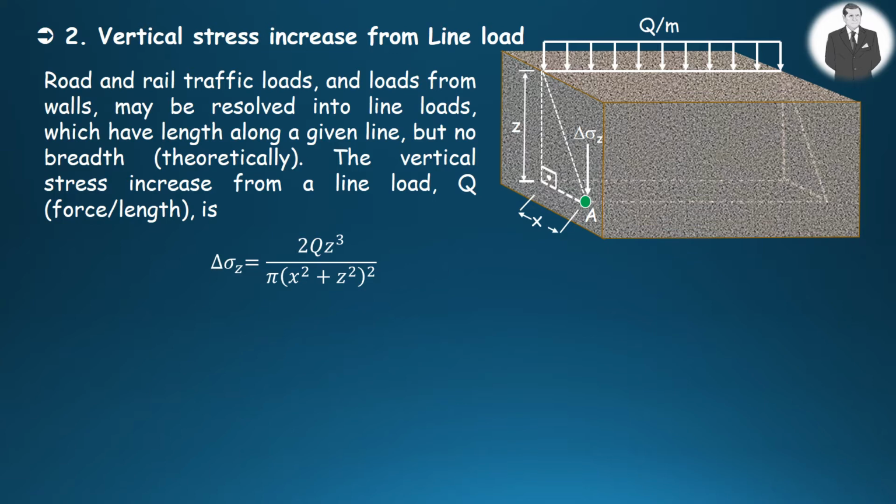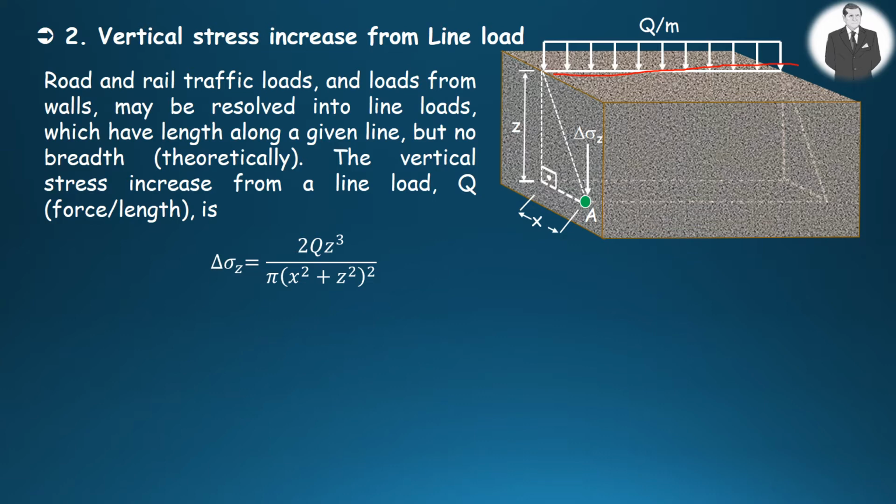Loads and rail traffic loads and loads from walls may be regarded as line loads. They have length along a given line, as shown in the figure here, and no breadth. Of course, this is a theoretical assumption.